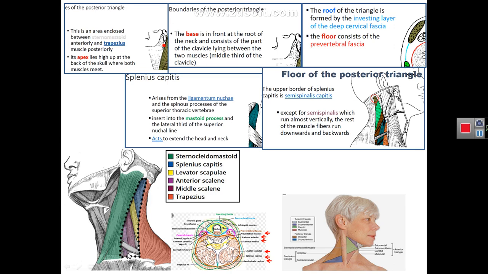Sometimes some textbooks consider that the first rib and first digitation of serratus anterior are also parts of the floor of the posterior triangle, but your theory is not considering that. So the floor is formed by the prevertebral fascia covering the following prevertebral muscles from above downward: semispinalis capitis, splenius capitis, levator scapulae, scalenus medius, and scalenus anterior.